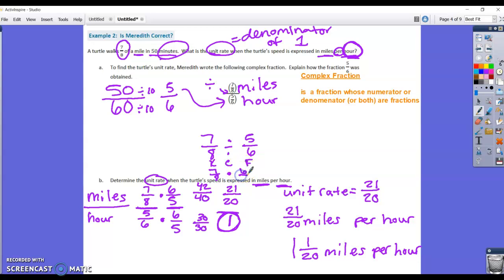You multiply times 6/5, which is what we did right here. We multiplied by the reciprocal. Okay, so those two things are the exact same thing. This way is just showing you that you have a 1 in your denominator, you have your unit rate, and so you're understanding where the words are coming from, miles per hour.